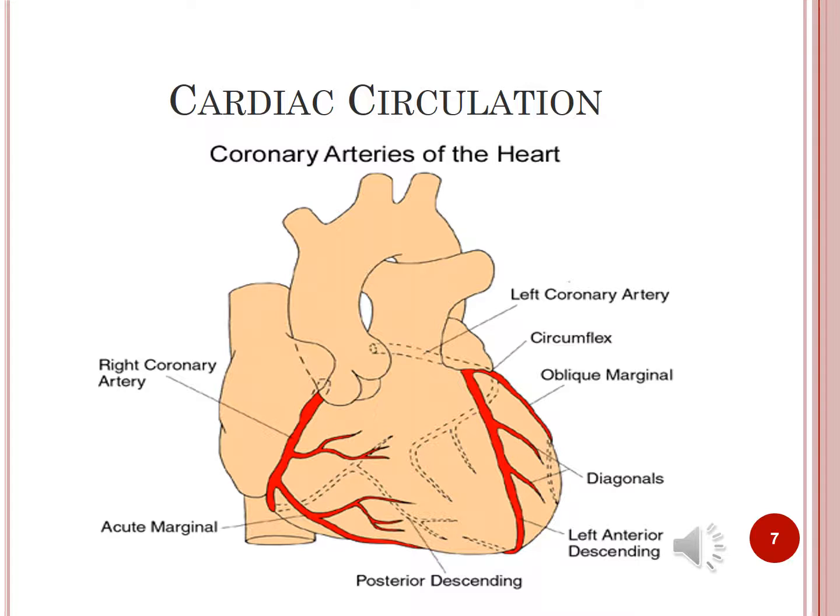You may hear someone talk about a left coronary artery or a right coronary artery, left anterior descending artery, posterior descending artery. It's based off of this that the blood flow to these areas is important for the heart muscle itself to actually function. So if interruption is happening in blood flow, an infarct is happening, and that's a myocardial infarct, or a heart attack.